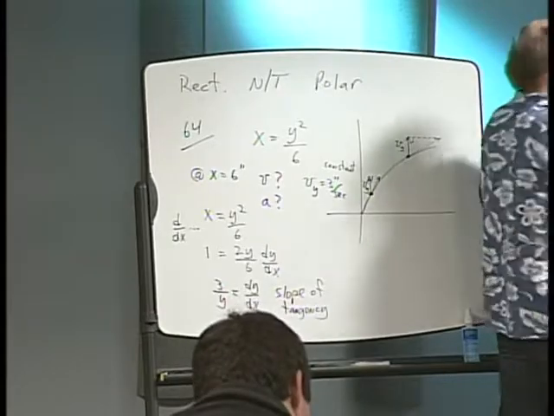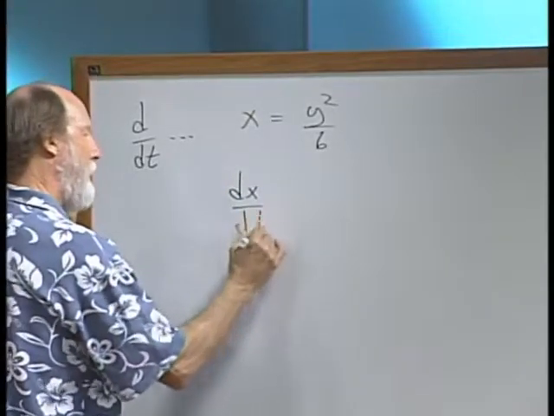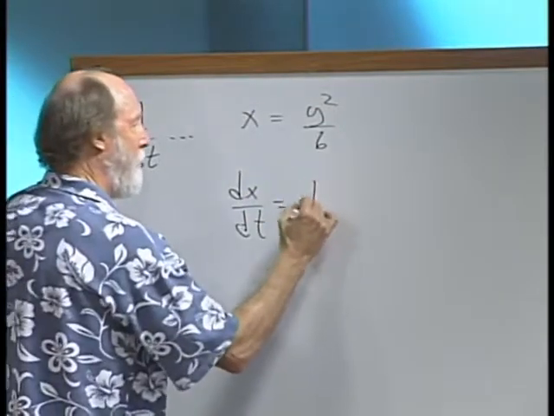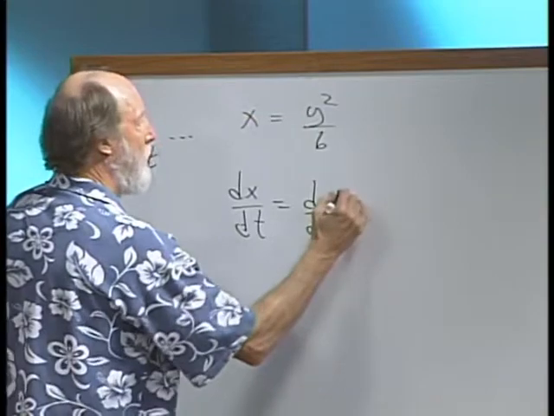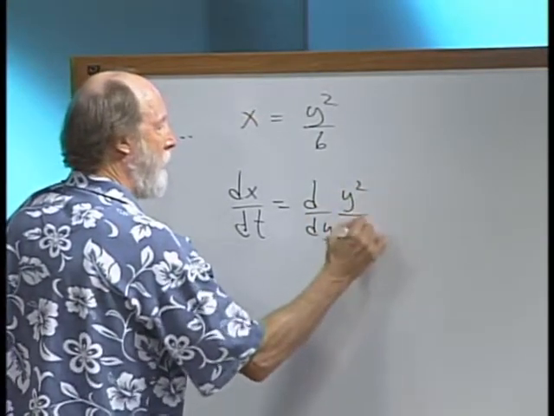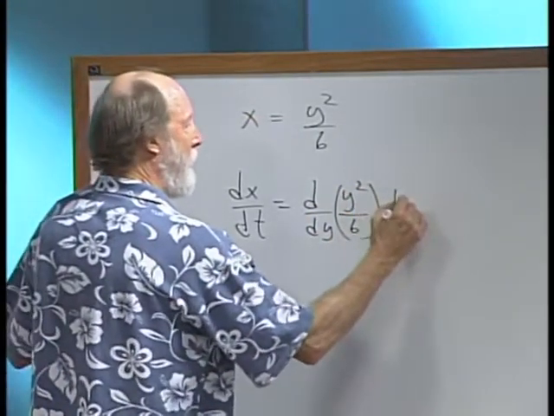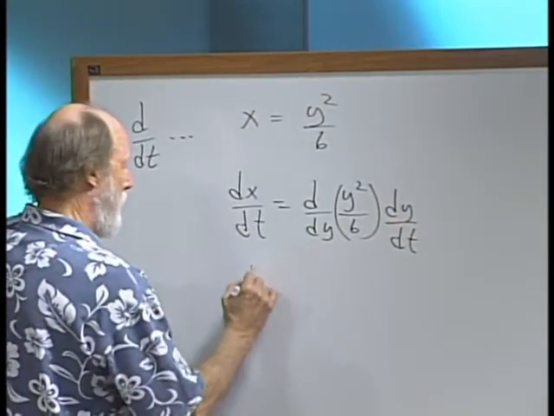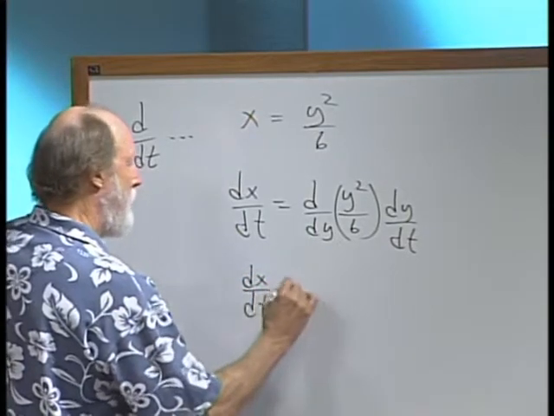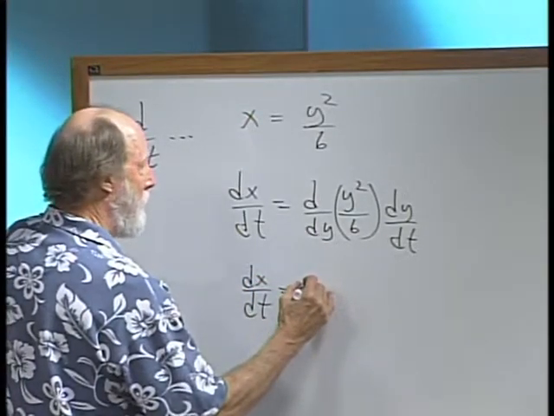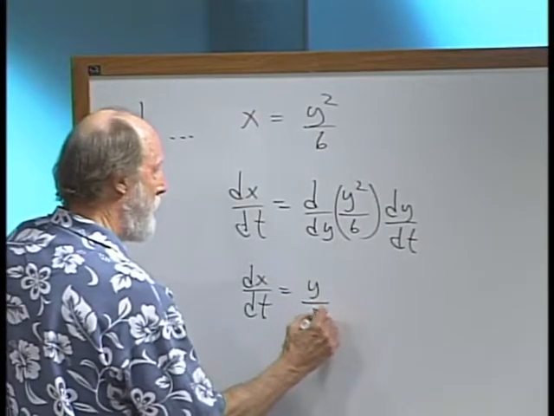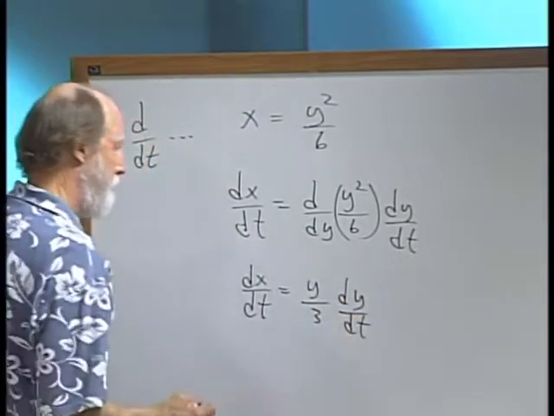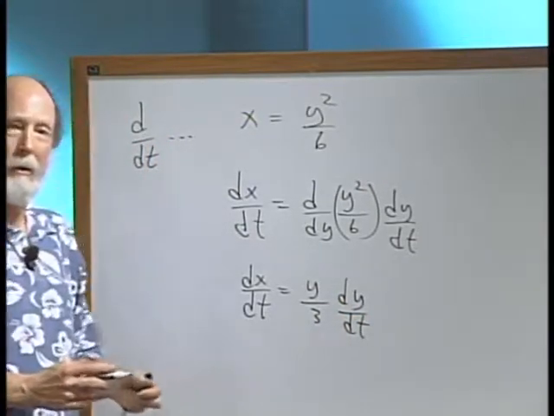So we end up with dx dt is equal to, and again, you have to implicitly differentiate this. So first of all, we'll differentiate with respect to y squared over 6, and then we will differentiate y with respect to t by the chain rule. So we have dx dt is equal to then y over 3 times dy dt. We know that dy dt is 3.